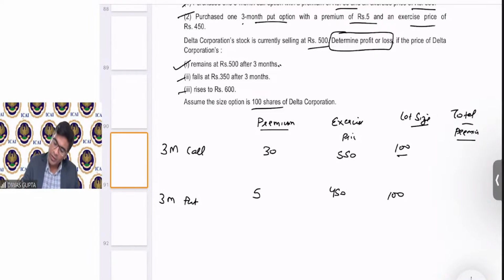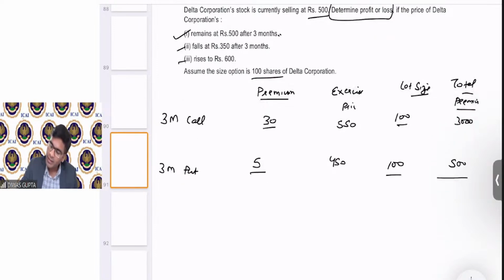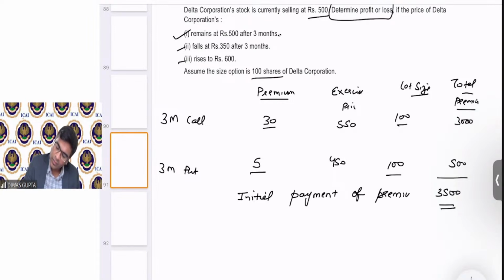So 100 is the lot size, 30 is the premium, so 3000 premium we have paid here. 100 is the lot size, 5 is the premium, so we have paid 500 rupees premium here. So in totality, 3500 is the premium that we have ended up paying. Initial payment of premium. Okay, students, the initial payment of premium is 3500.